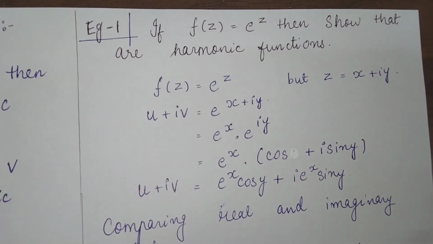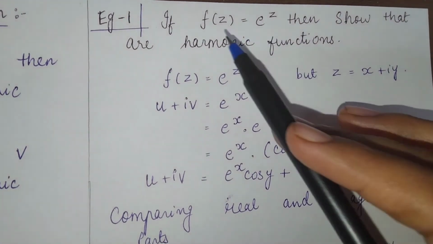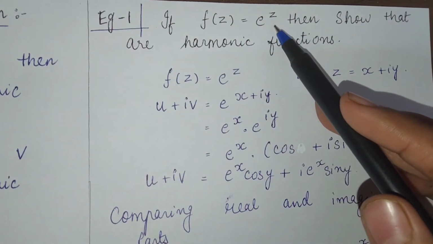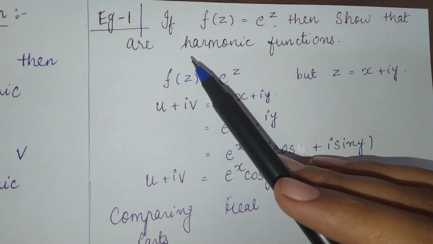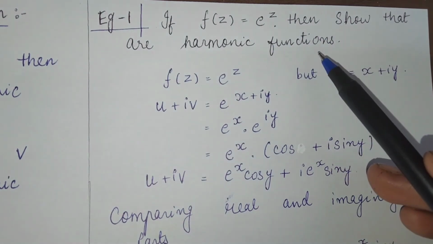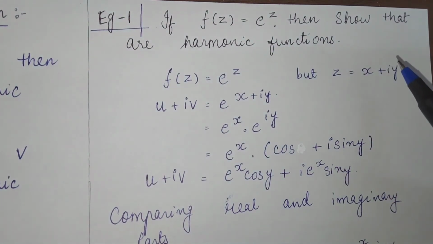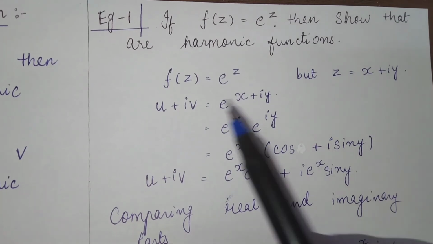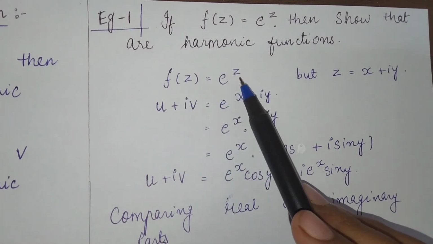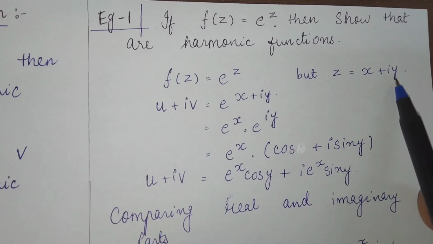So example 1. If f of z is equal to e raised to z, then show that it is a harmonic function. First of all, we do as we did before: f of z equal to e raised to z, where z is equal to x plus iy.